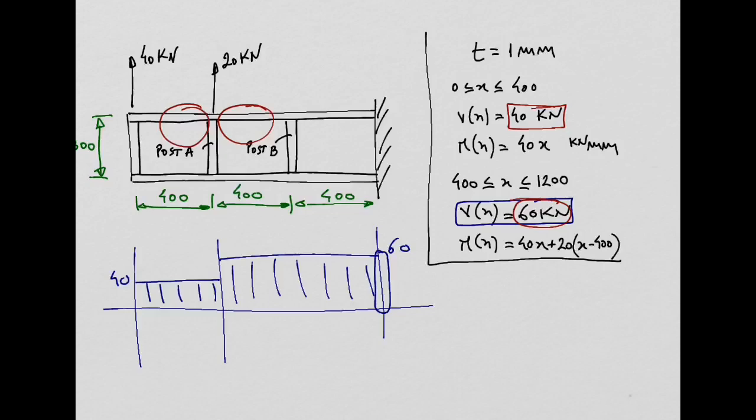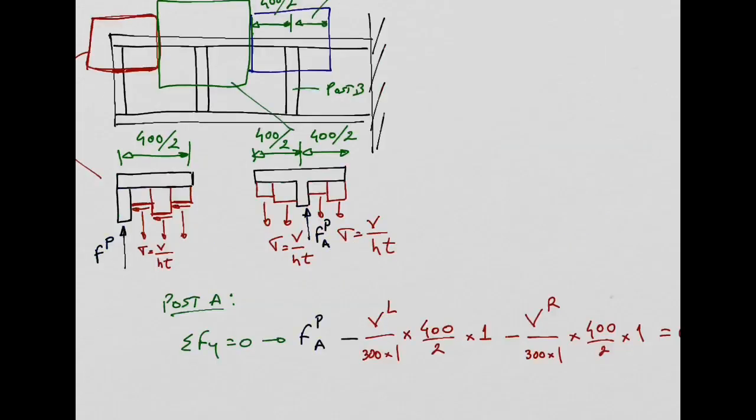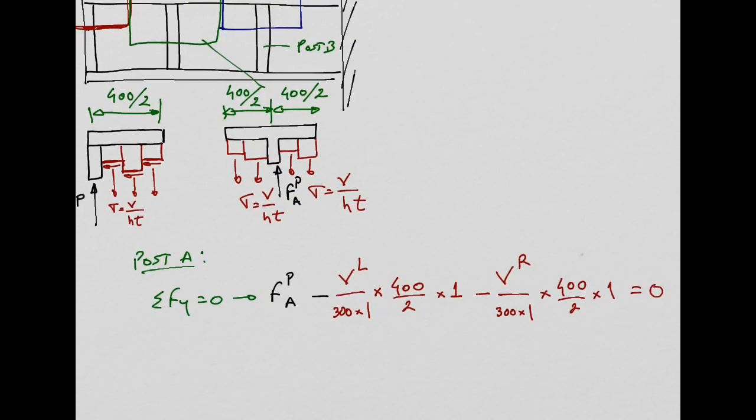So this comes from the transverse shear force there. This is one application of the transverse shear force diagrams you did in year one, for example, on the Spar theory. So 40 kilonewtons here and 60 kilonewtons here.